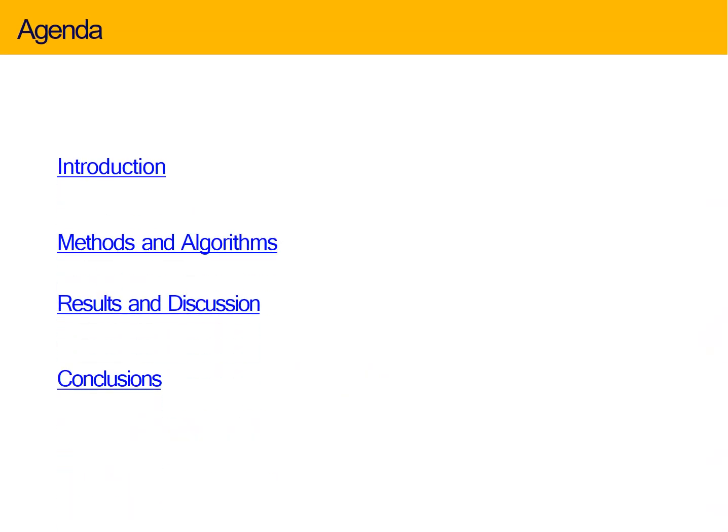In this presentation, we have organized our findings into 4 sections. We'll begin with a comprehensive introduction, setting the context and explaining the motivation behind our research. Then we'll delve into the methods and algorithms we employed, providing insights into our approach and methodology.